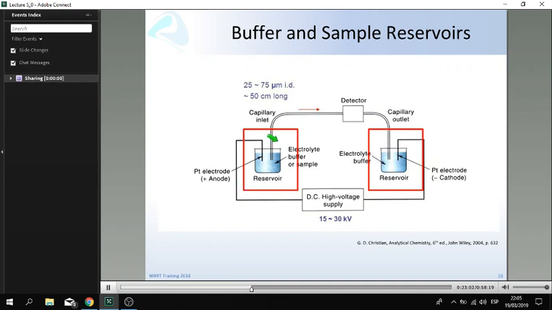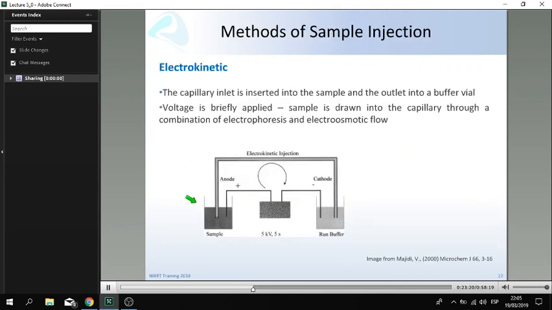This reservoir can be the inlet or can be changed for your sample, depending on whether you are injecting a sample or injecting your buffer and running the method. And then you have your outlet reservoir.